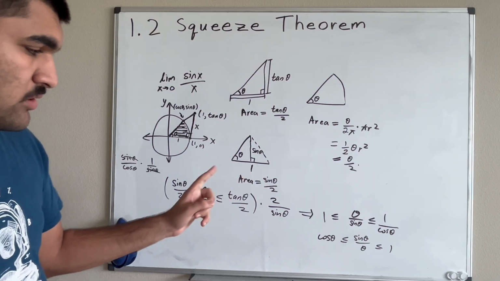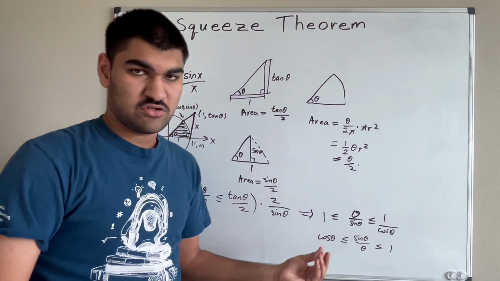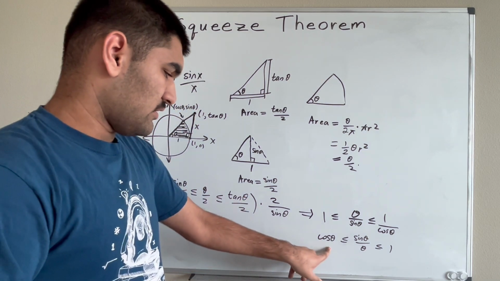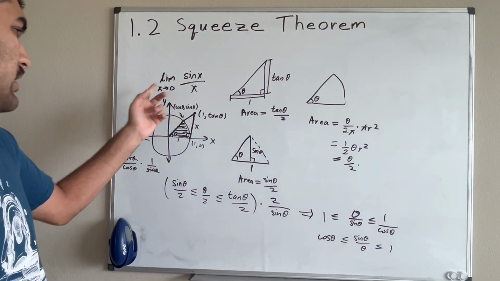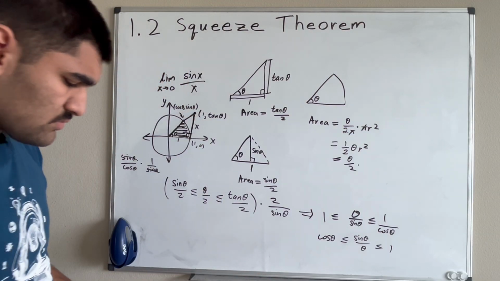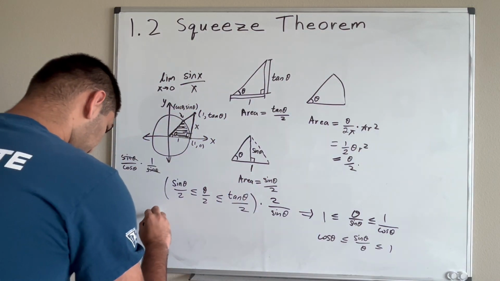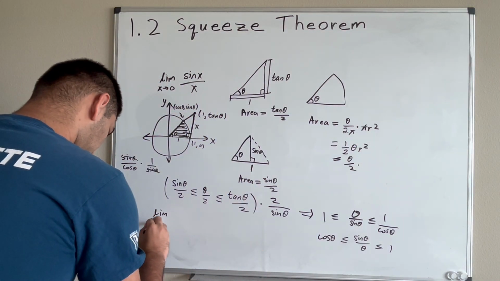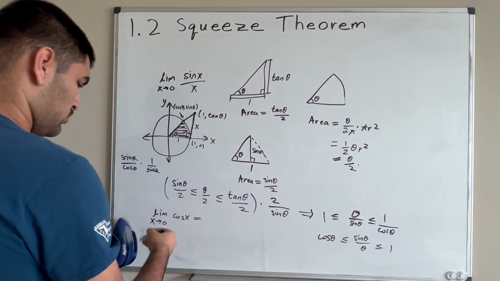But remember, there's still one important part left that we need to establish before we can use the squeeze theorem, which is that the limit of cosine theta and the limit of 1 must be the same as x approaches 0. And it's very easy to show that, right? Because the limit as x approaches 0 of cosine x is just equal to cosine 0.